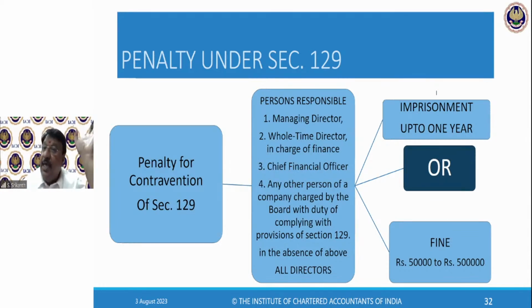Here imprisonment is there up to 1 year because it's a very serious offense, not presenting financial statements and things like that, or fine. So here you have a chance of escaping. You can go to the regional director or tribunal and do something called compounding, by which they will say you are not guilty and take a compounding fee.